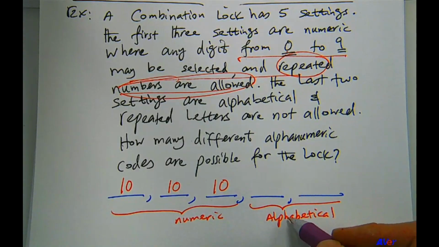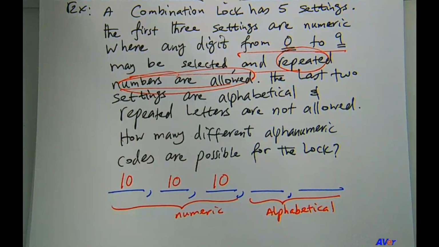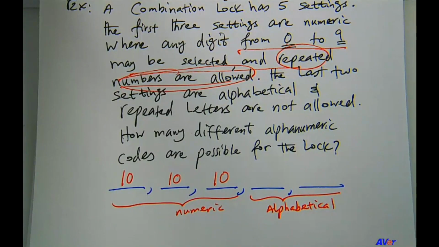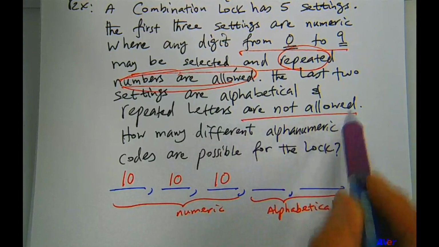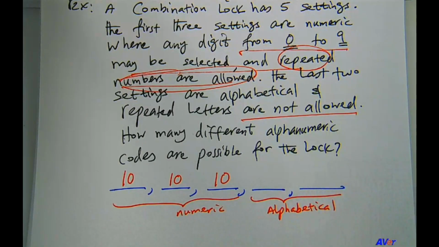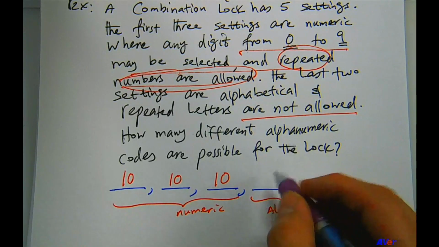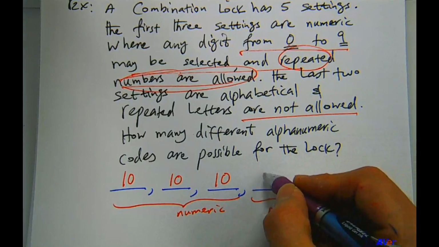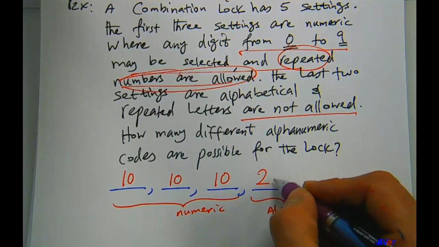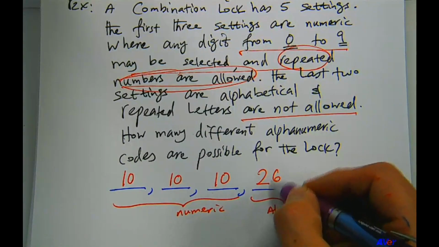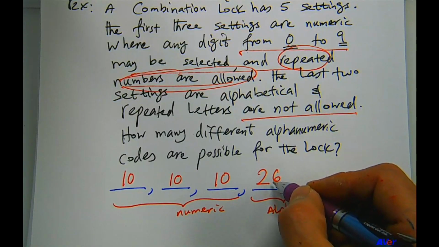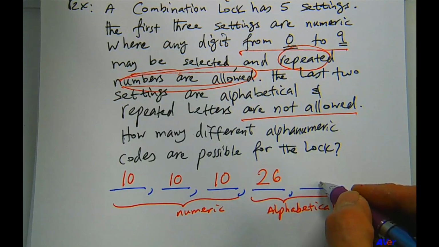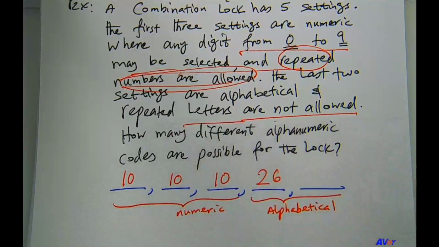With alphabetical, and of course we are using the English alphabet, the last 2 settings are alphabetical, and repeated letters are not allowed. So out of the 26 letters in the English alphabet, I have 26 options for this setting. Once I pick that letter, whichever one it is out of the 26, I can't choose that letter again here, because repeated letters are not allowed.